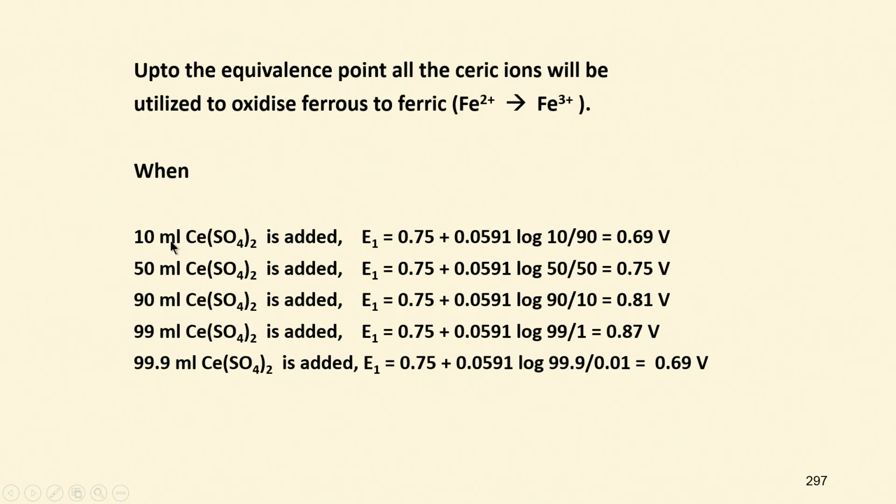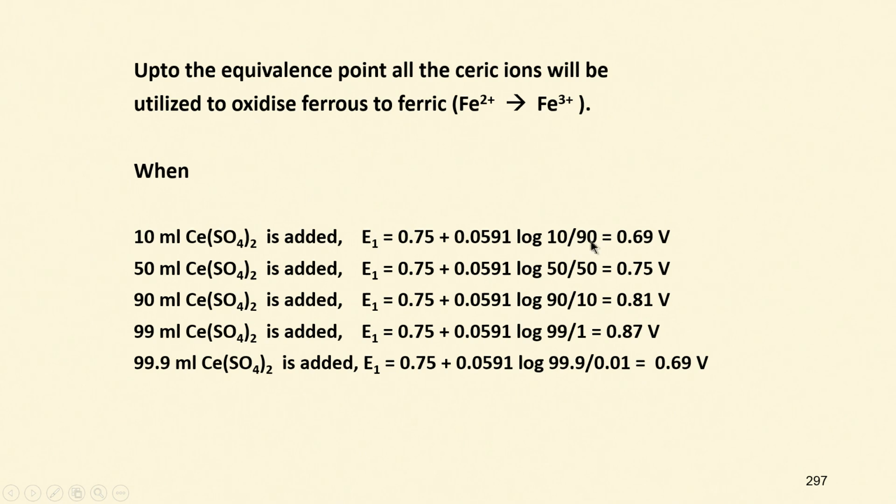So, when 10 ml of this ceric sulphate is added to a 100 ml solution, I can say that E1 is equal to the EMF of the cell, it would have reacted with 10% of ferrous sulphate, and if I write the product, I can say that this is ferric E naught and 10% is converted, 90% is unconverted, and I get 0.69.